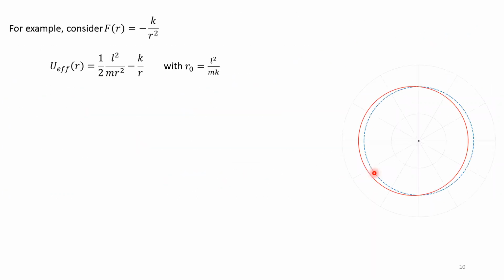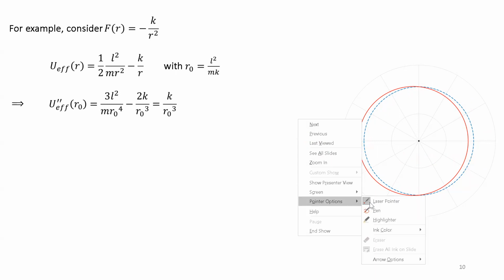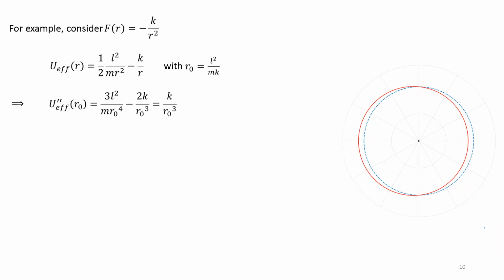Don't look at the equation over here yet, but what I'll show you is the following. Imagine that you have just a circular orbit, no disturbance, then you have this blue curve over here. Suppose the particle was just happily moving in this orbit originally.